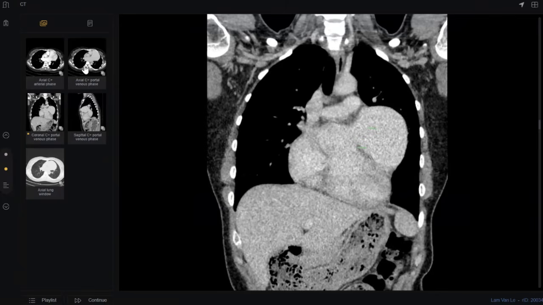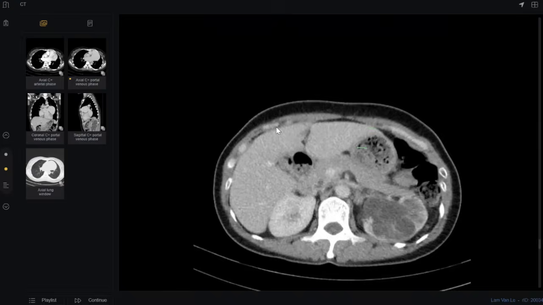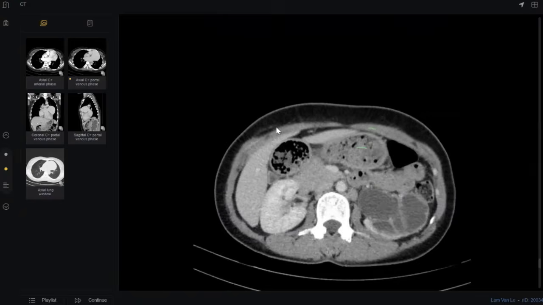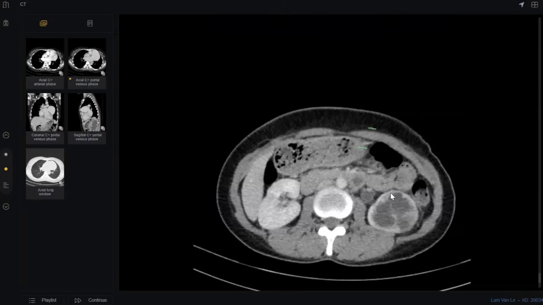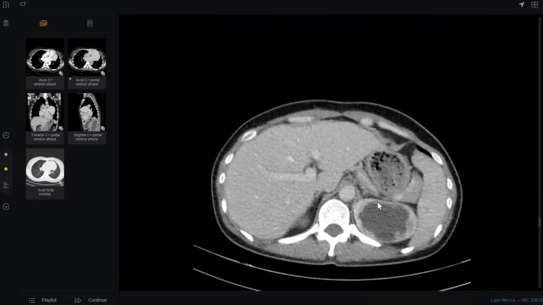But the examiner set a trap for you here, at the end of the film. Look, emergency. Marked hydroureteronephrosis.